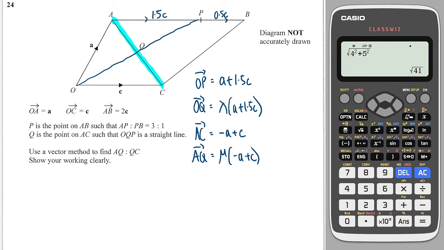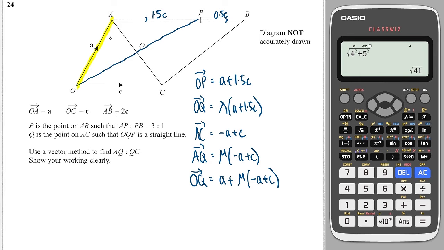And now with that, I can get another expression for OQ. Because what I could do now is go up to A, and then I can use AQ to get back to Q. So going up to A will be little a, and then I need to add on mu minus a plus c. Okay, great. And now what have we got?